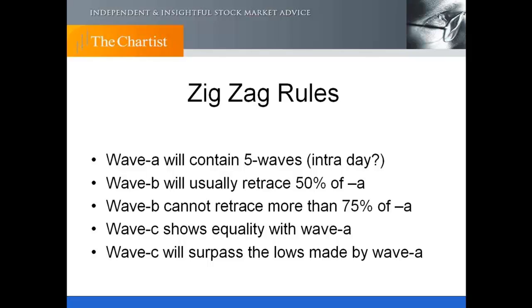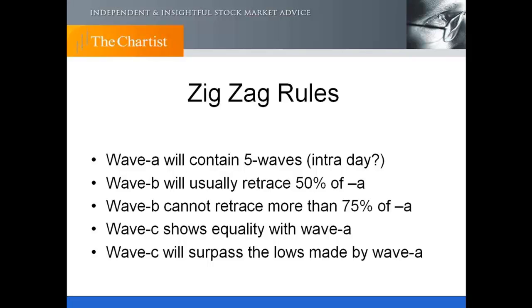Wave B will tend to retrace 50% of wave A, and wave B shouldn't retrace any more than 75% of wave A if it's to remain a zigzag. If we do go above 75% of wave A, chances are the pattern is morphing into something else, which we'll get to next. So, for a zigzag to be in place, wave B cannot retrace more than 75% of wave A. Now remember, wave B is also a corrective wave, so wave B should always be 3 waves.